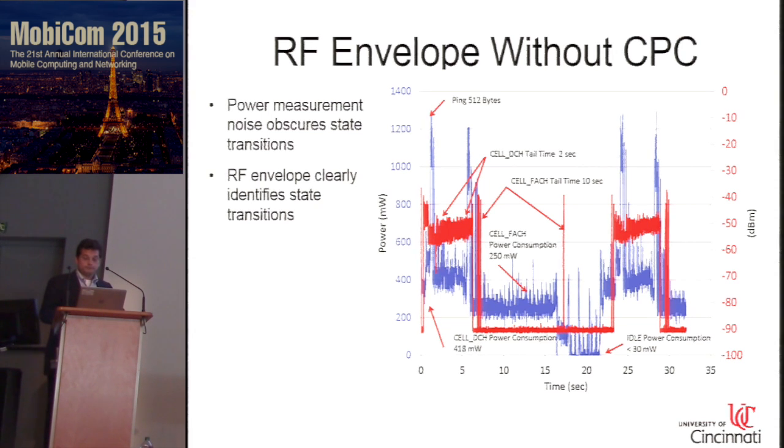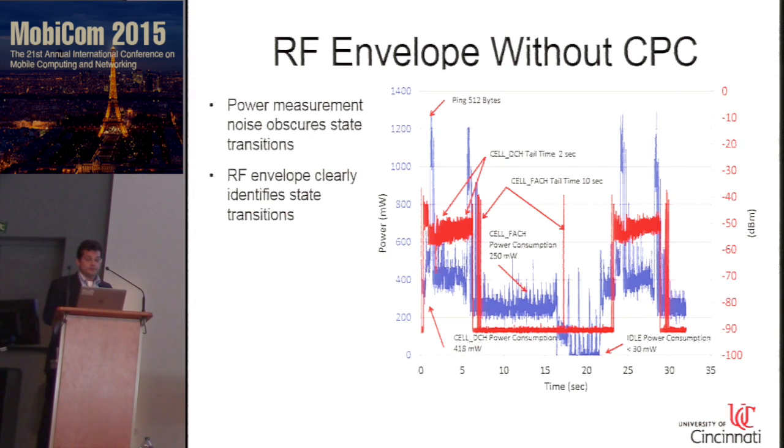After the 2 second DCH tail, the mobile drops down to the FACH state. And finally, it remains in the FACH state for 10 seconds. And then the red line over on the right of the graph indicates another signaling burst as the phone returns to idle.